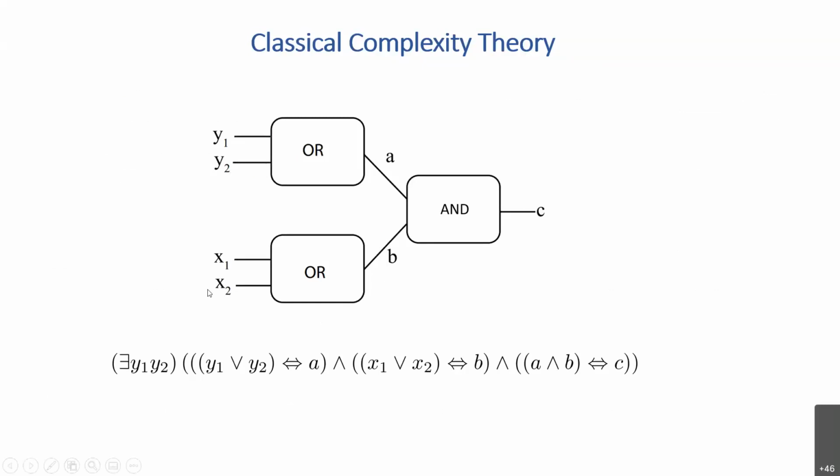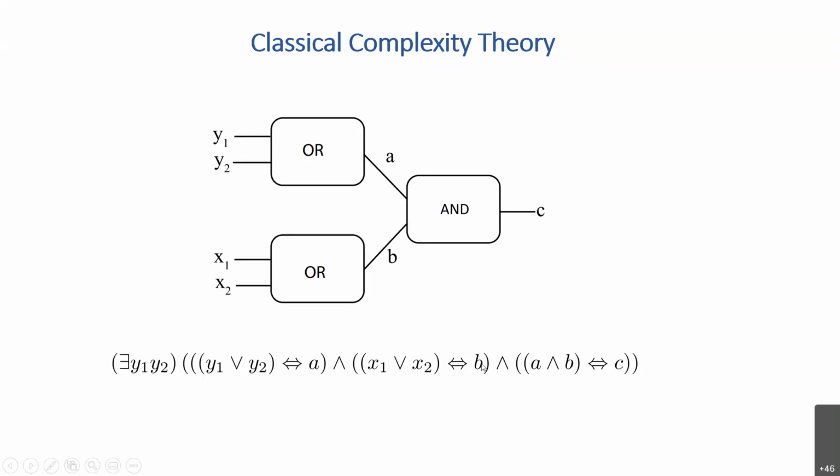So let's imagine that we have this circuit. The inputs that were given are X1, X2, and Y1, Y2 are the witness inputs, and those are unconstrained. So the formula you would write down for this circuit: does there exist some witness on these 2 bits? And then you would ask for the correct operation of the gate, right? So Y1 or Y2 is true if and only if A is true.